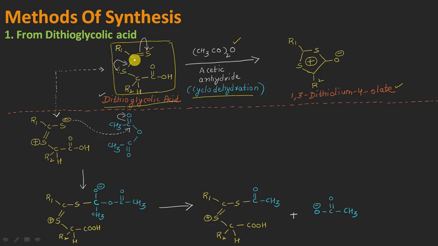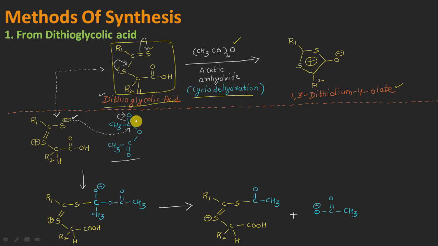This will now become a double bond with a positive charge on this sulfur, and this double bond will be converted into a single bond, and this sulfur will now have a negative charge in this way.